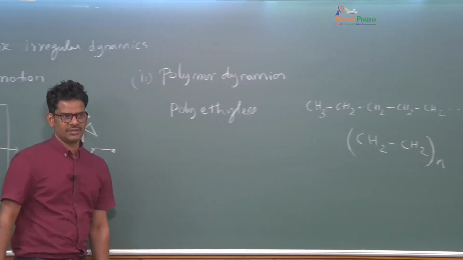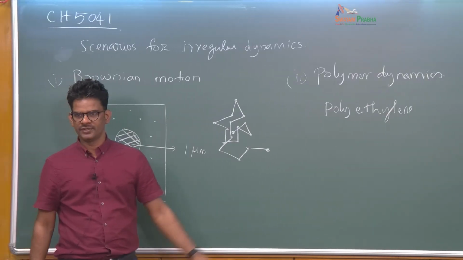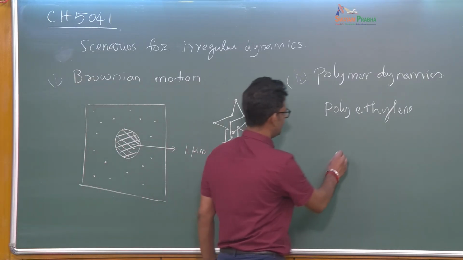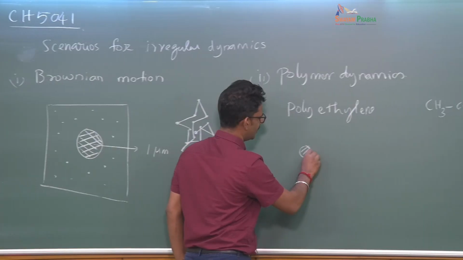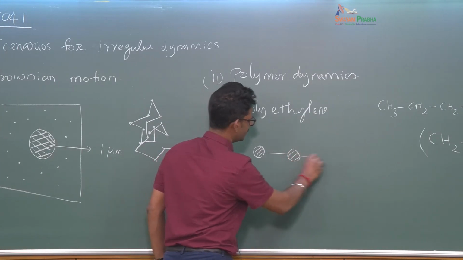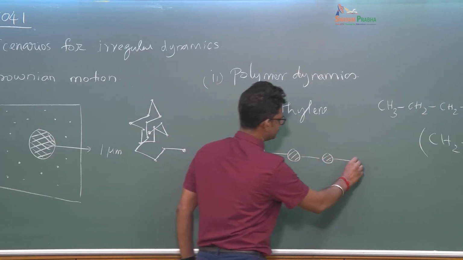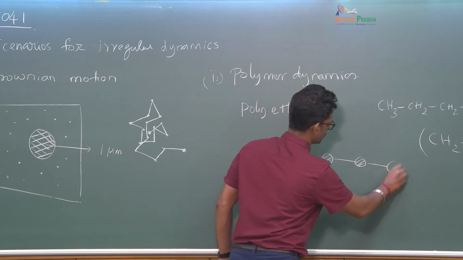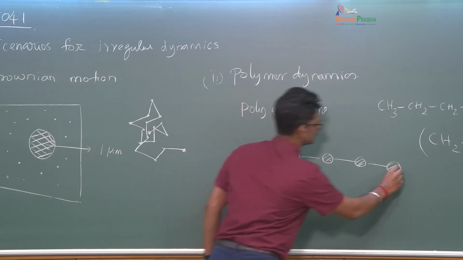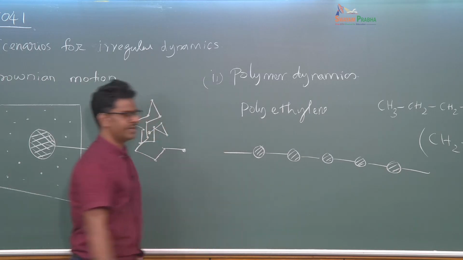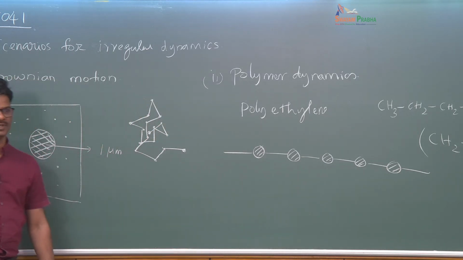But if you want to come up with a mechanical model for this polymer, generally you say one monomer unit is connected to another monomer unit in a bead spring model. This is more like a mechanistic model for the polymer.